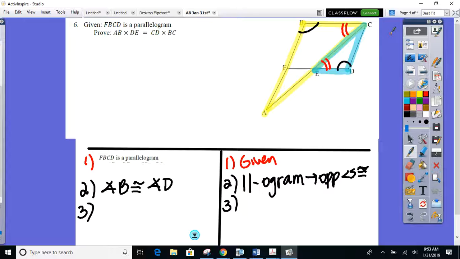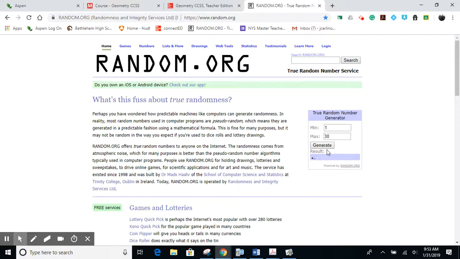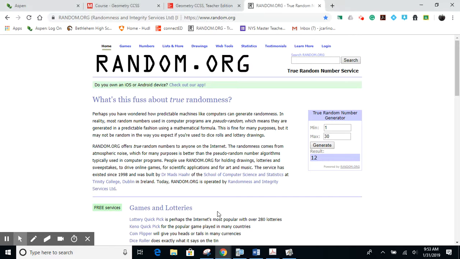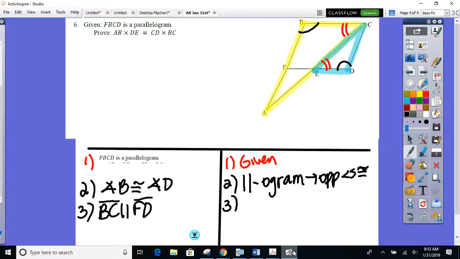If we're going with this pair of alternate interior angles, what lines need to be parallel? Can you identify the lines that need to be parallel before these alternate interior angles are congruent? BC parallel to FD. And how do we know they're parallel? Parallelogram implies opposite sides parallel.